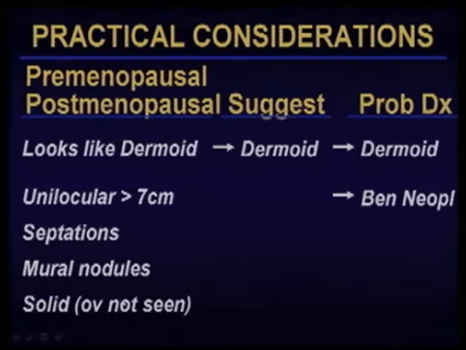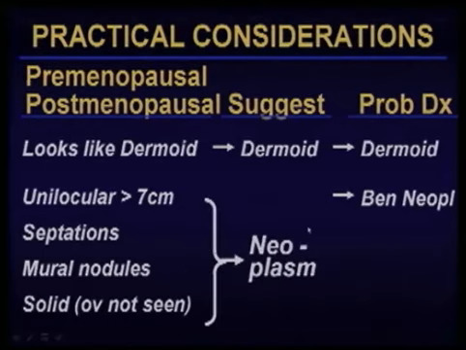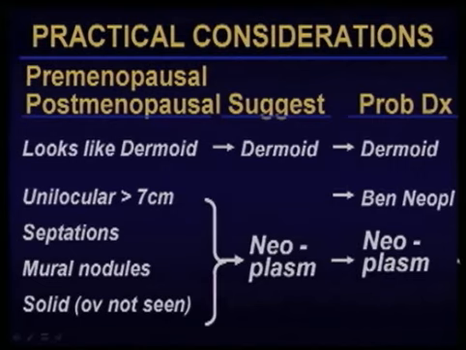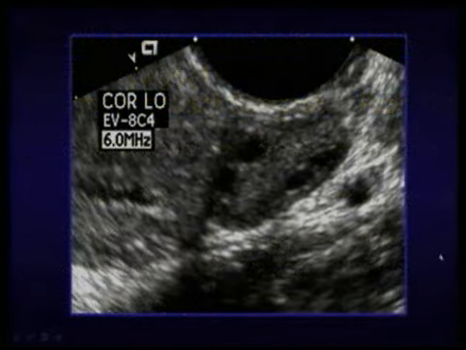All the other appearances that we see, septation, mural nodules, solid masses, we will worry about a neoplasm, and those should come out because we cannot say, unless you see ascites and spread of tumor, if it's benign or malignant. That's the pathologist's job, and we're happy to let him do his job after these ovaries are removed.